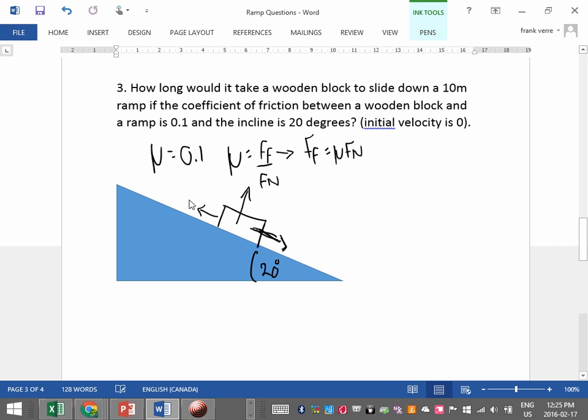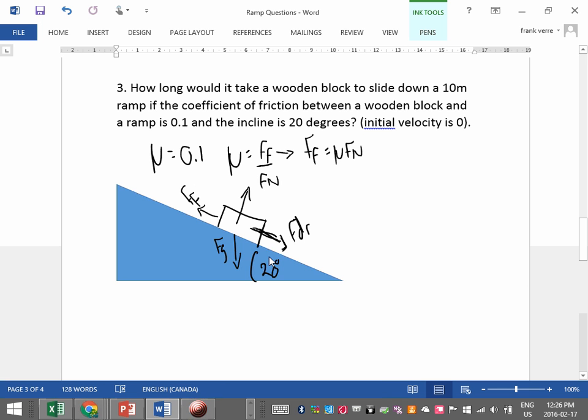And that would be friction. Okay? So here are your forces. And obviously there would be the weights, right? Which is Fg. So these are your four forces.